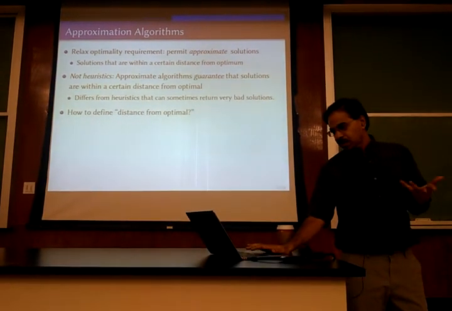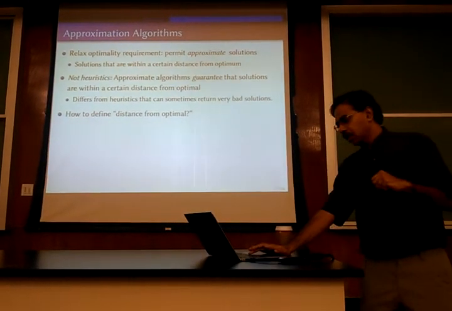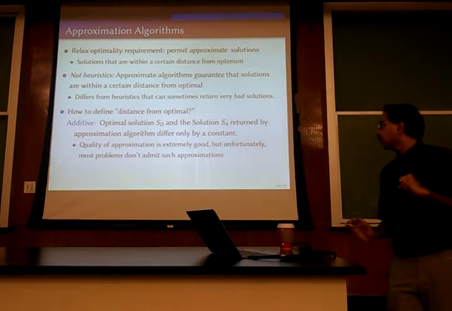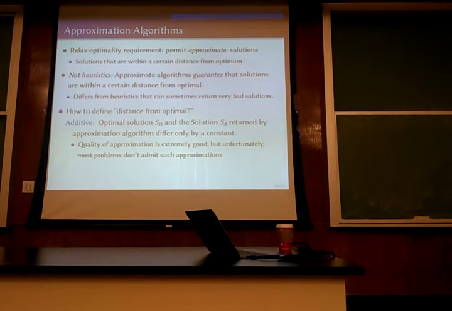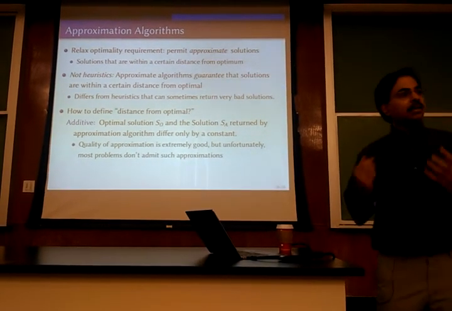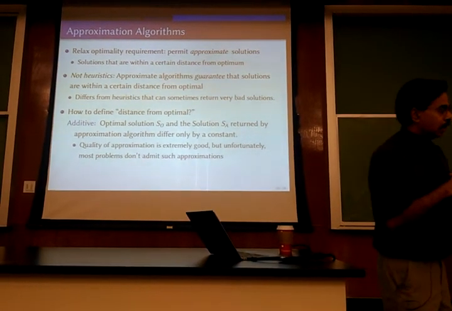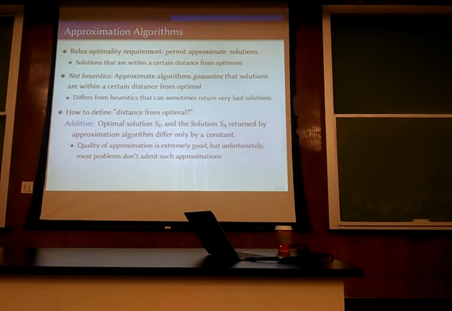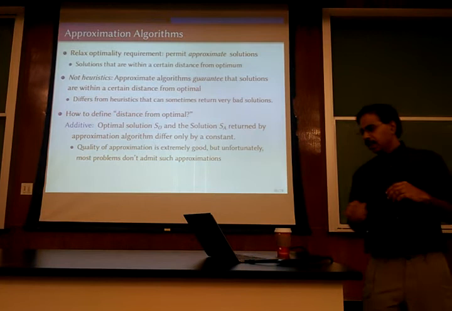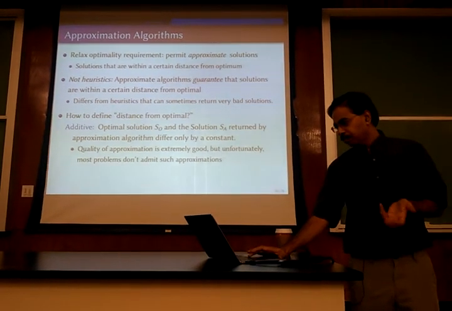Okay, so of course we need to say what is the notion of distance from the optimal, and there are 2 basic ways. One is called additive. That means you're saying that the solution that you compute, or the approximate solution that you compute, is within a certain difference from optimal.